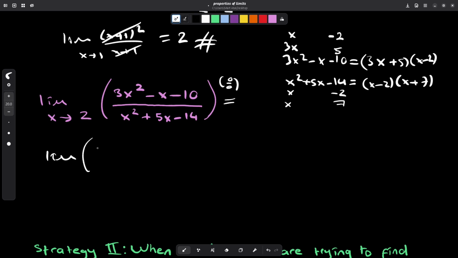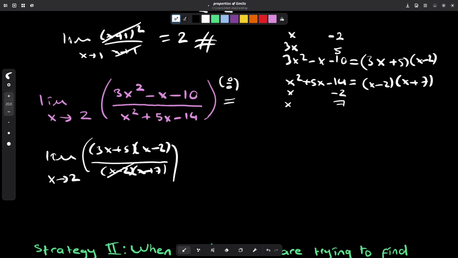Limit of 3x plus 5 multiplied by x minus 2 over x minus 2 multiplied by x plus 7 as x approaches 2, clearly canceling out the x minus 2's. Plug it in, 6 plus 5, 11, over 2 plus 7, 9.